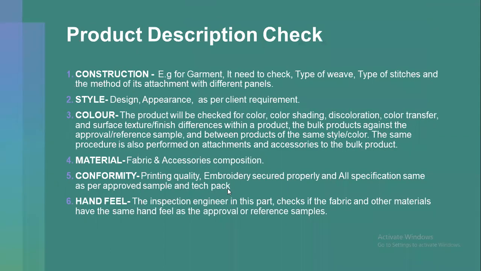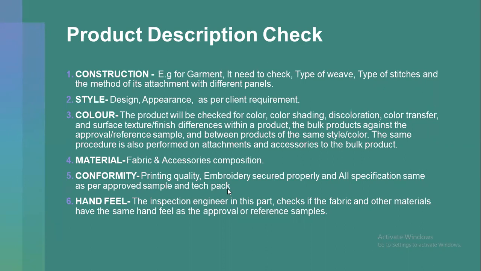For construction, if, for example, it is a garment, we need to check what type of weave and what type of stitches they used for attaching the panels. In style, we have to check the design and appearance as per the client requirement and tech pack. For color, we have to check for color shading, discoloration, color transfer, and any surface texture or finish within a product against the sample.